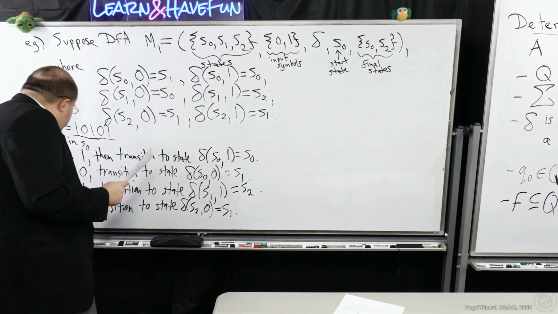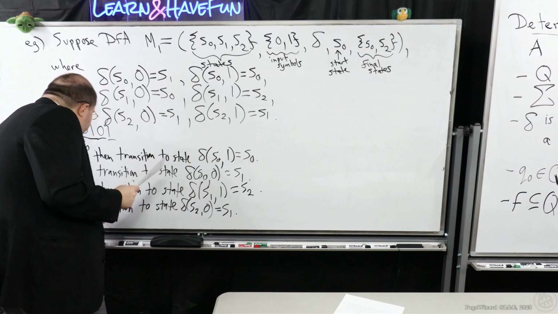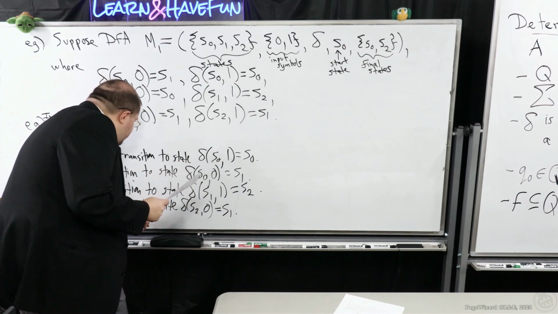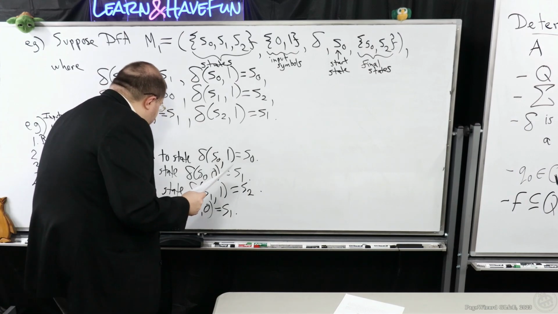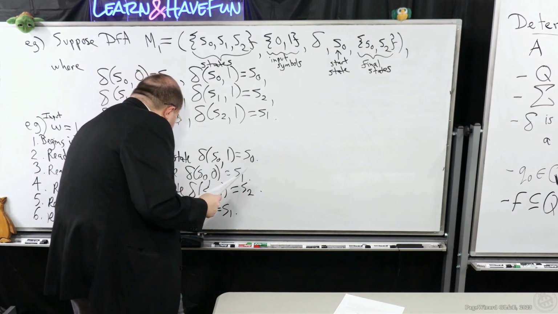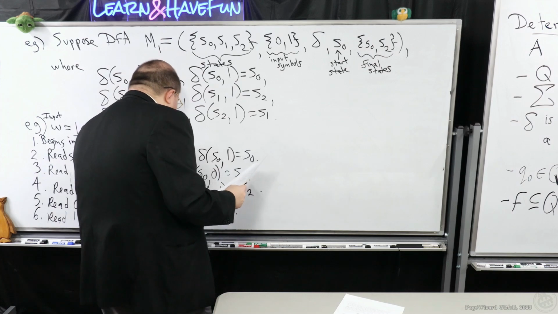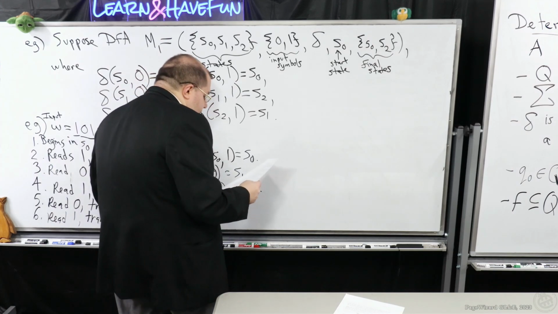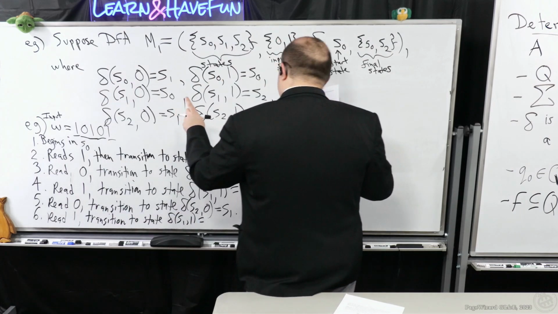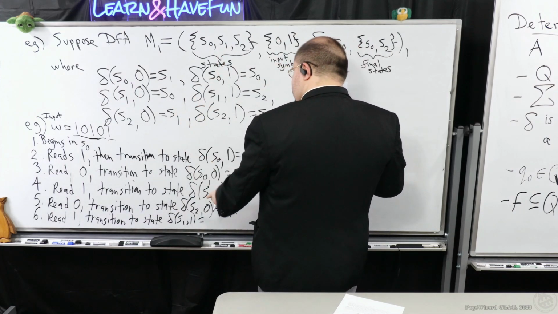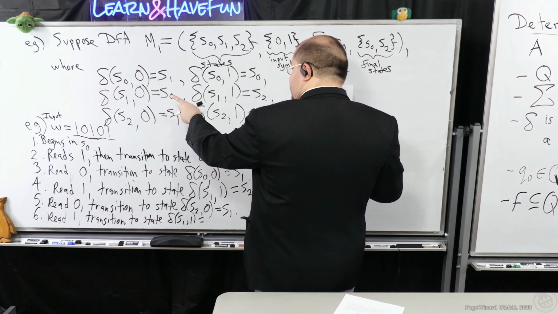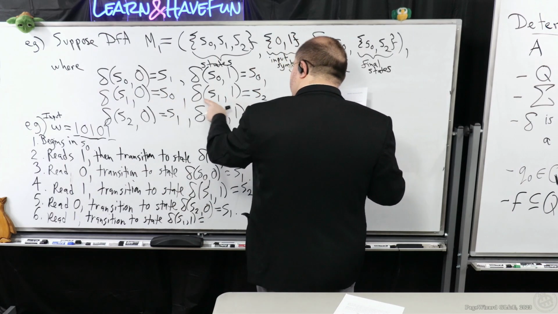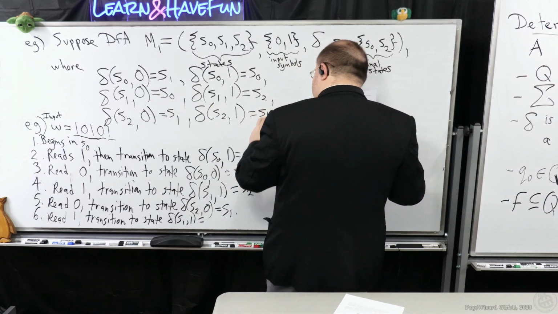We transition to the state delta. Right now we're in state S1 and we read a 1, because the last symbol is a 1. We go here, and notice it says S2.